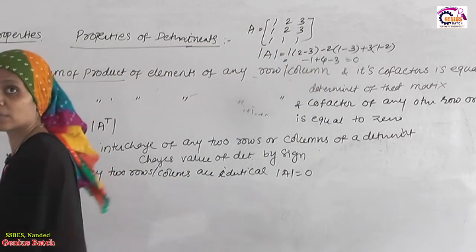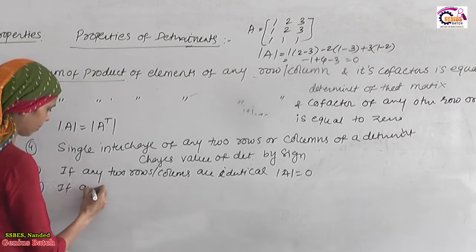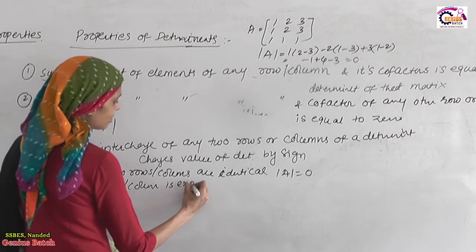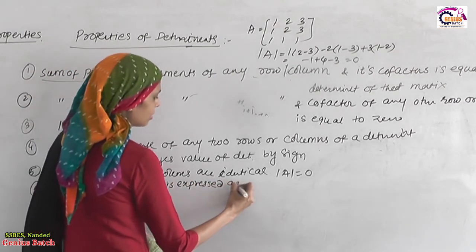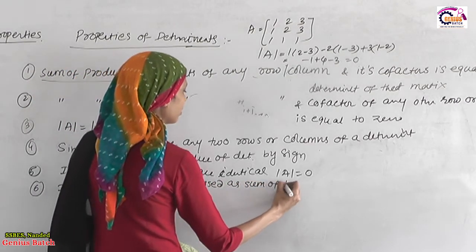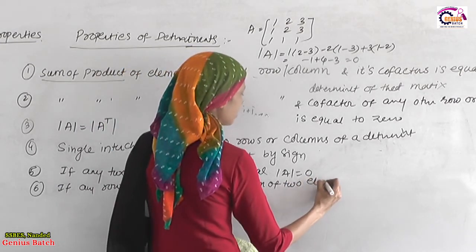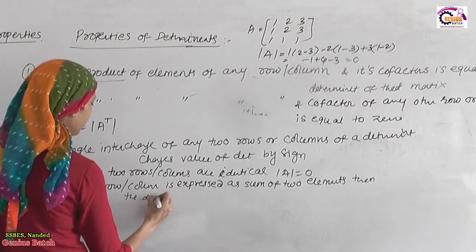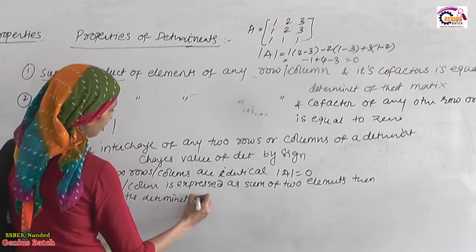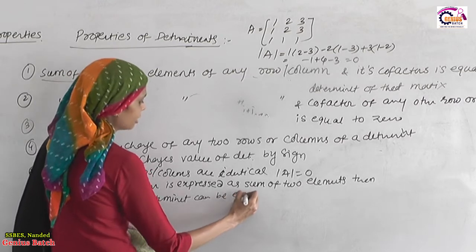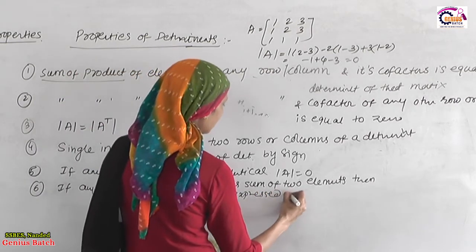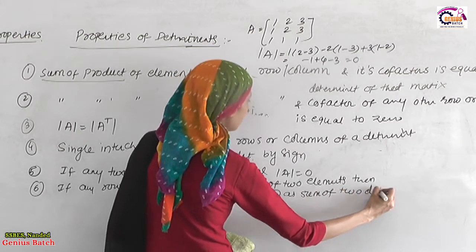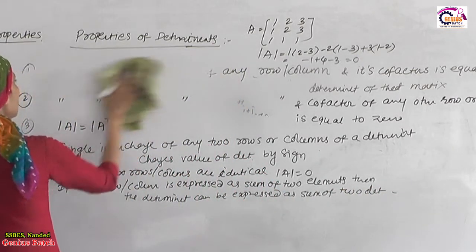If any row or column is expressed as the sum of two elements, then the determinant can be expressed as the sum of two determinants.